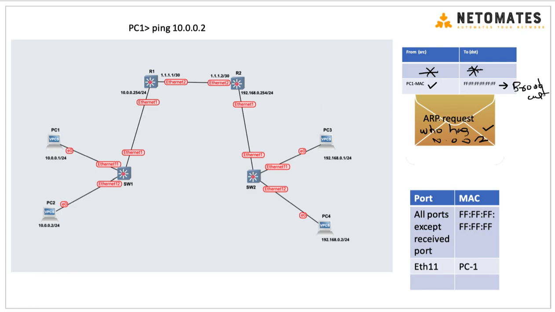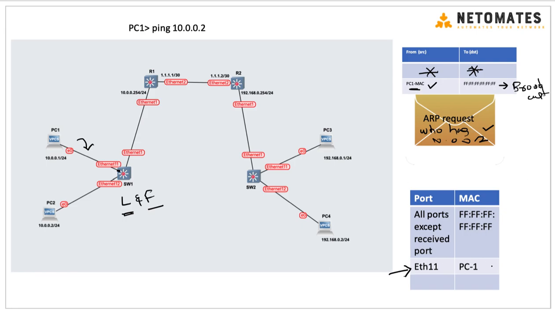Once this ARP request comes onto the wire, it will reach the switch. What will the switch do? Switches do two things, L and F: learning and forwarding. In the process of learning, whenever the switch receives a packet like this, it checks the source MAC address and adds an entry.